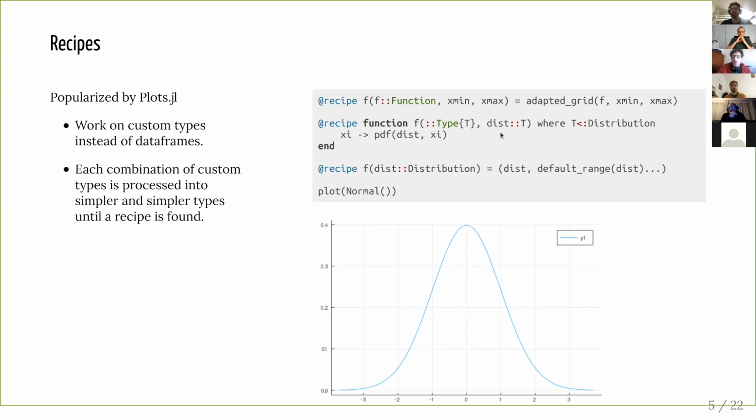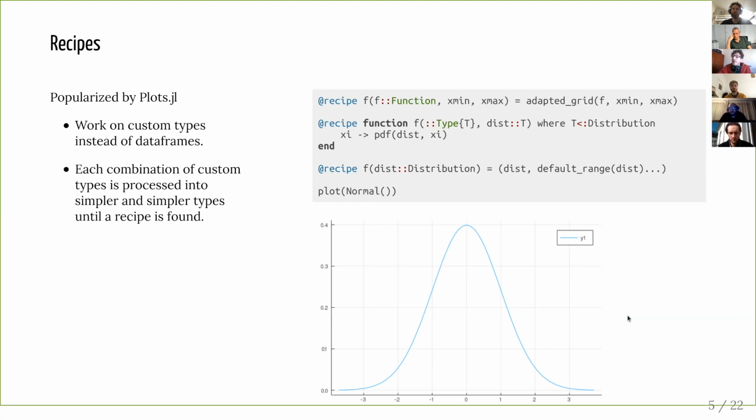That all distributions need to be converted into their PDF, which is a function, so you can then use the trick above. And finally, that if I pass you a distribution, there's actually a well-defined notion of extrema, because you can find, say, the 0.01 quantile and the 0.99 quantile, and this will be your default range. And so if I define these 3 rules, and then I tell you, okay, plot a normal distribution, it will do the right thing and plot a CDF.